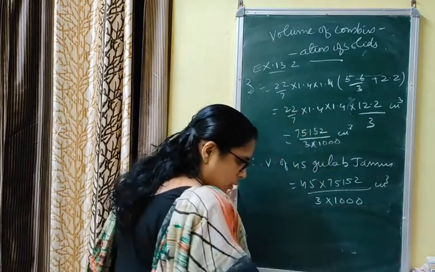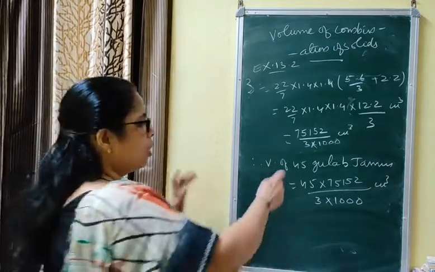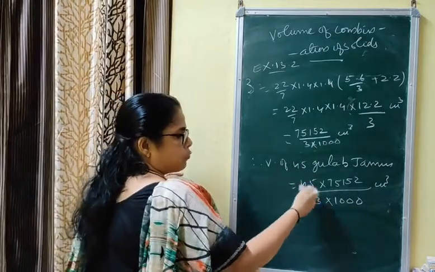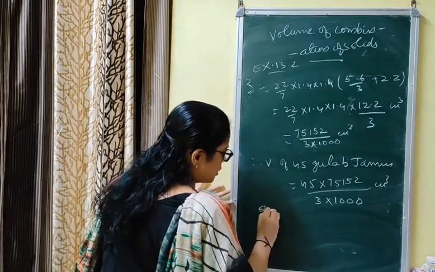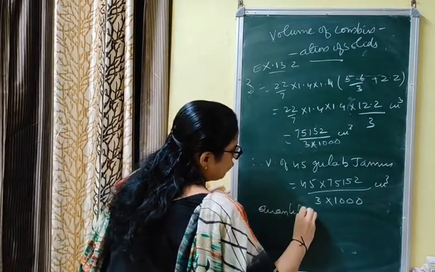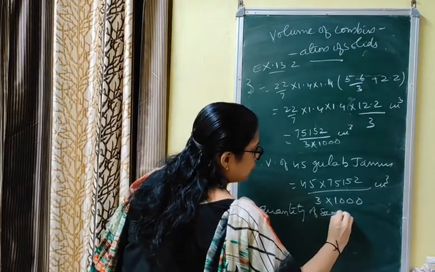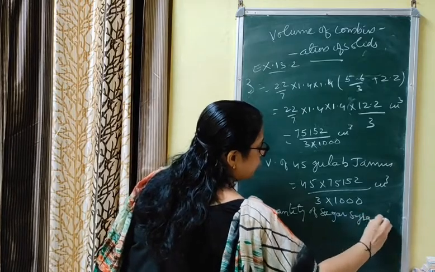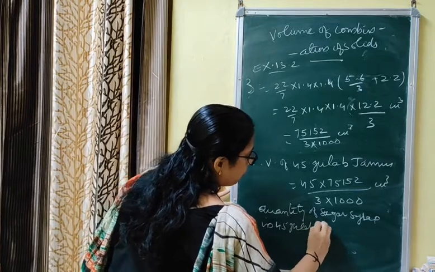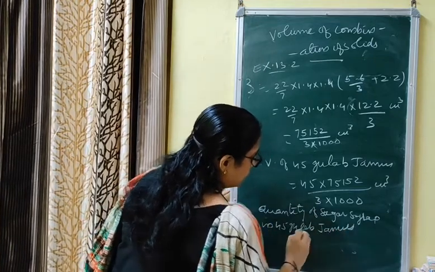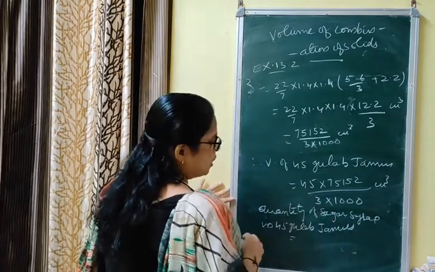Now sugar syrup: one gulab jamun takes 30% of its volume, so how much sugar syrup will there be in this? 30% of this volume. Therefore, the quantity of sugar syrup in 45 gulab jamuns is equal to 30% of this one, that is 45 into this.